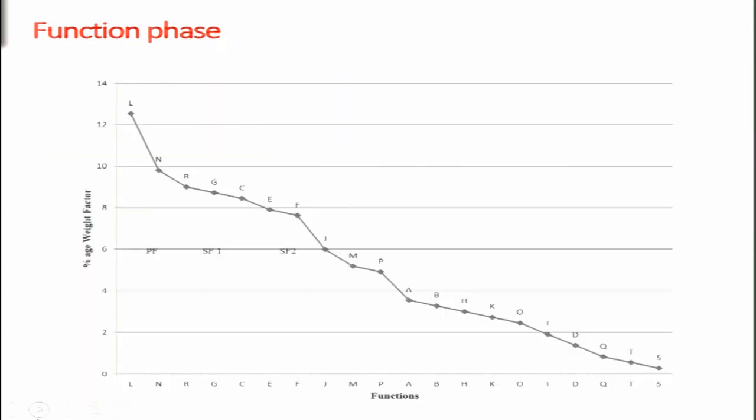Now we develop the scree plot for the functions. Now what does this help us to do? This can help us to differentiate between the primary functions and the secondary functions. Now you can see the first drop is here. Okay, that means this is the primary function.